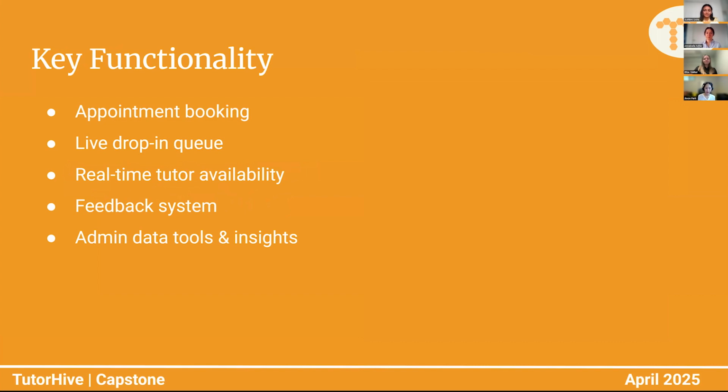They can enroll in courses, schedule appointments, join the drop-in queue, and leave feedback after sessions. Tutors can set their availability, view upcoming appointments, and track feedback from students. And for admins, we provide data-driven tools to monitor center activity, manage users and courses, and make smart staffing decisions based on appointment trends. The goal is to keep everything simple, fast, and tailored to each user's needs.